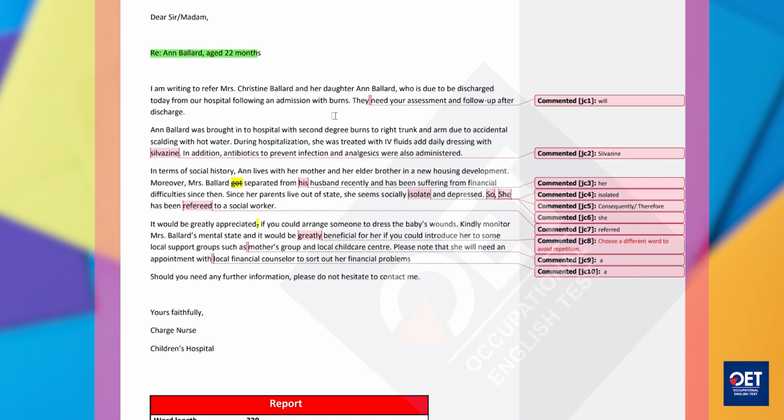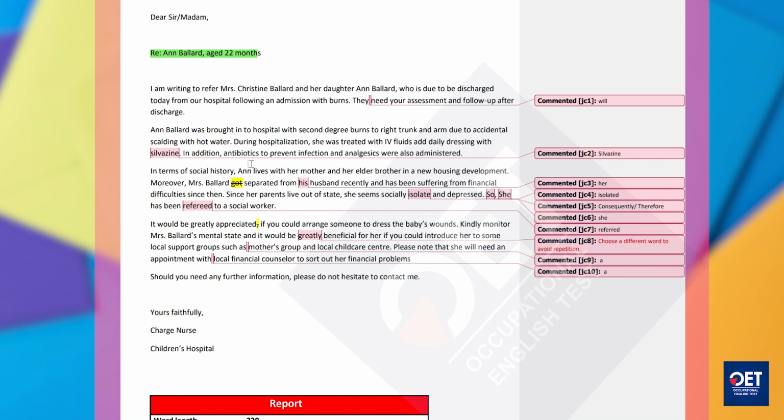So, the letter is about mother and daughter, who is 22 months old and due to be discharged following an admission with burns. Now, the purpose of writing the letter is they need your assessment and follow-up after discharge. Here, will should be written. As per grammatical rules, will should be there. They will need your assessment.